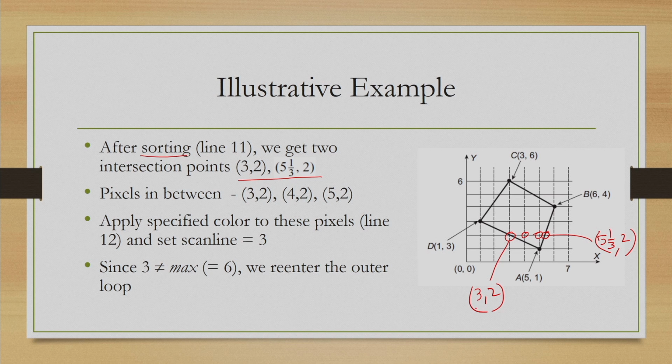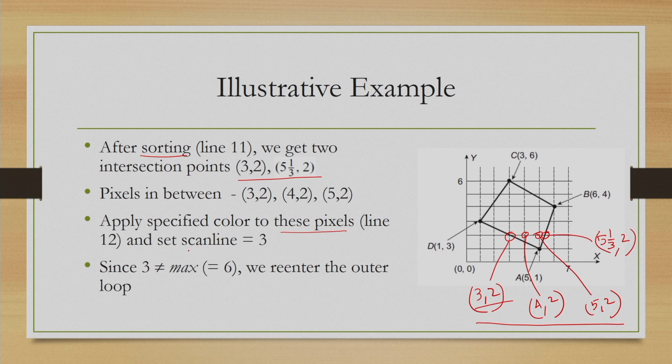So, this itself is an in between pixel, then we have this pixel which is (4, 2) and then we have (5, 2). Note that the other intersection point is not a pixel in itself because it involves a real number as coordinate. So, we found out the 3 pixels which are there in between the two intersection points. Then we apply specified color to these pixels.